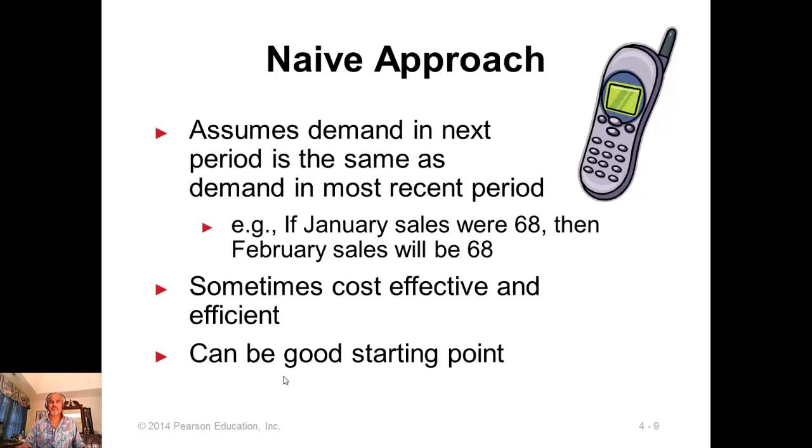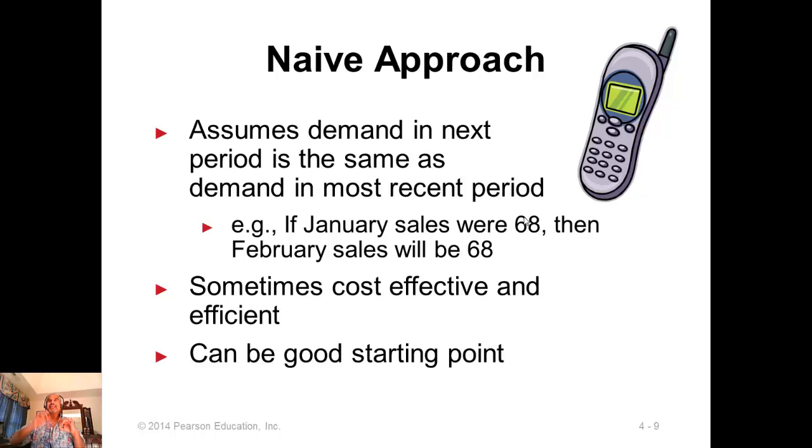There are 3 of them. So naive approach is simply that you take the previous period's actual demand and use that as the forecast for the next period. So for example, if January sales was 68, then you use 68 as the forecast for February. So it is the most simple approach.